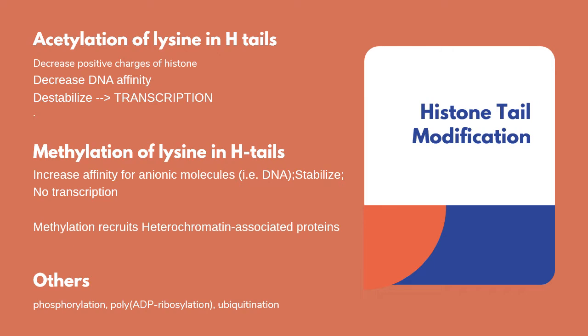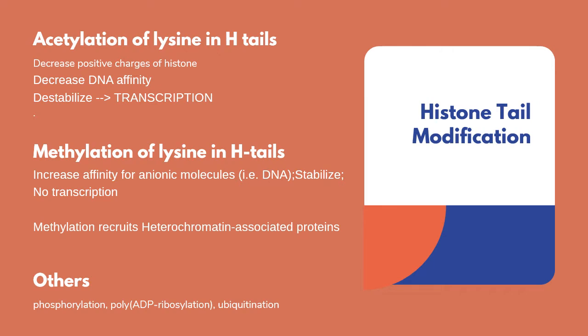Meanwhile, methylation of lysine residues in the histone tails increases the affinity for anionic molecules, making the histone tails more attracted to the DNA molecule. Therefore, it stabilizes the DNA. This means that it will not be available for transcription.